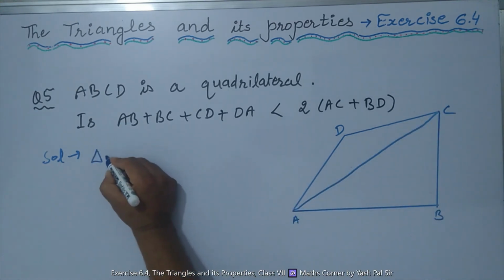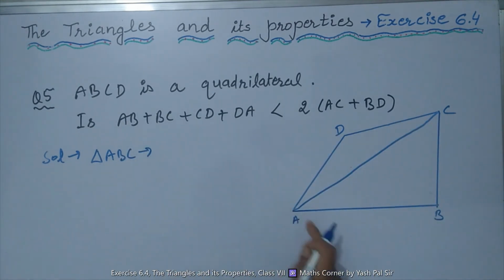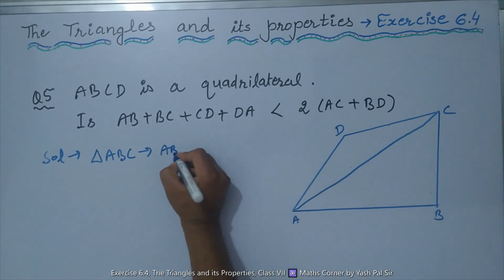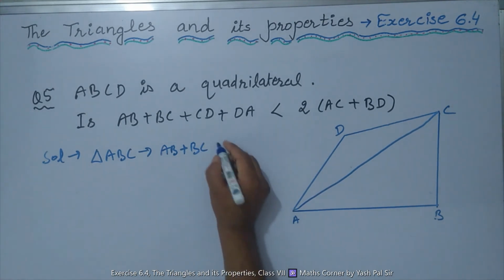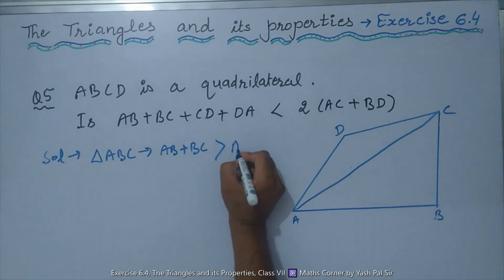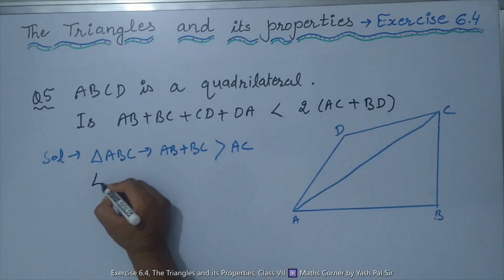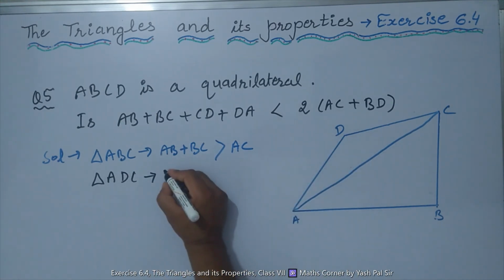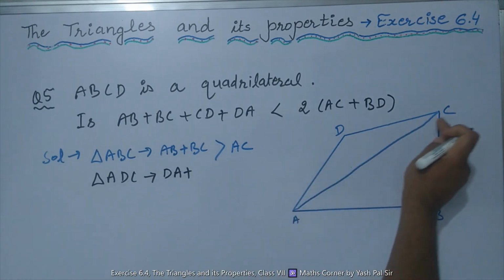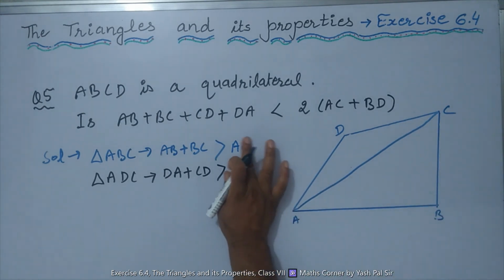So triangle ABC gives us AB plus BC is greater than AC. Right? Second time we take triangle ADC. This gives us AD or DA plus CD is greater than AC.